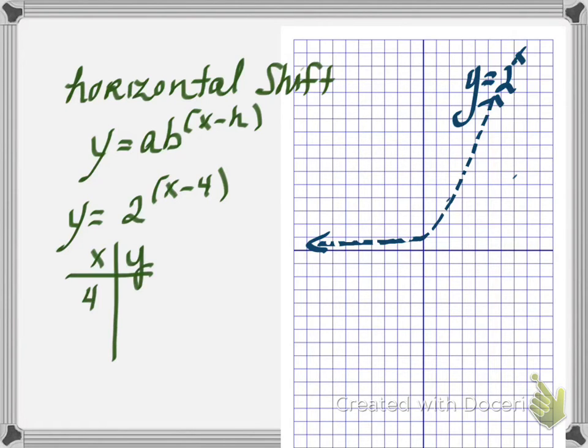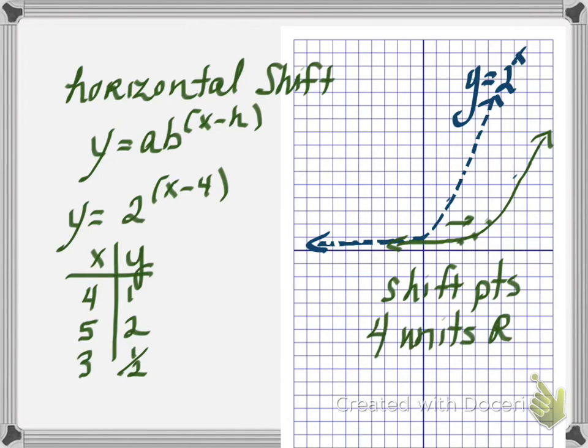And now plugging in values, we end up with those values. If I plug in a 4, 2 to the 0 power is 1. If I plug in a 5, 2 to the first power is 2, and so forth. So I'm plotting these points, drawing my graph, and you can see that it shifted 4 units to the right.